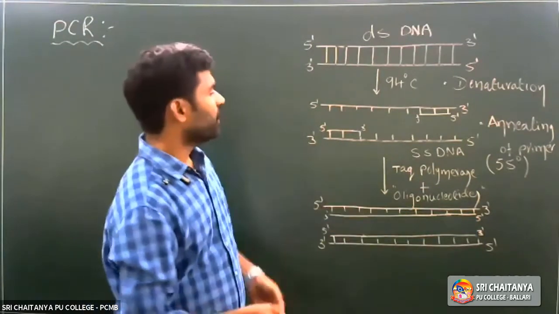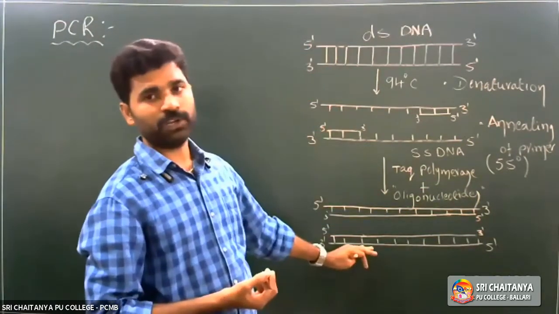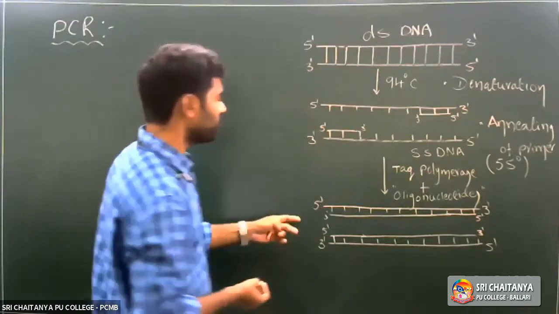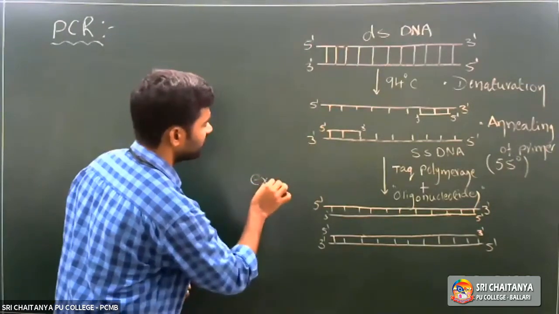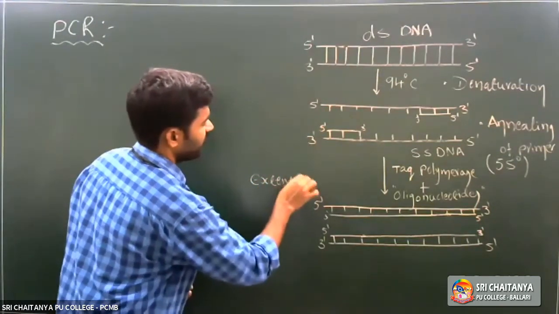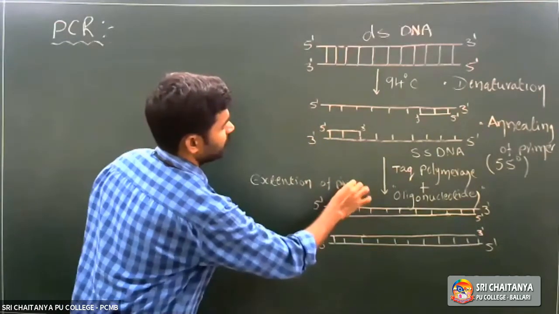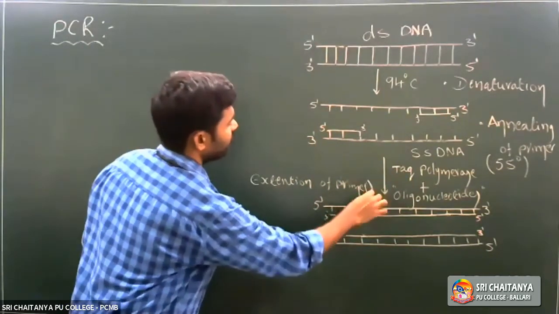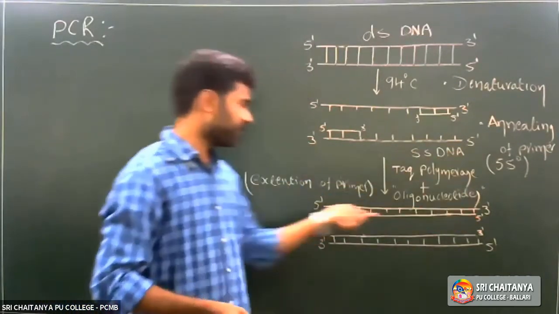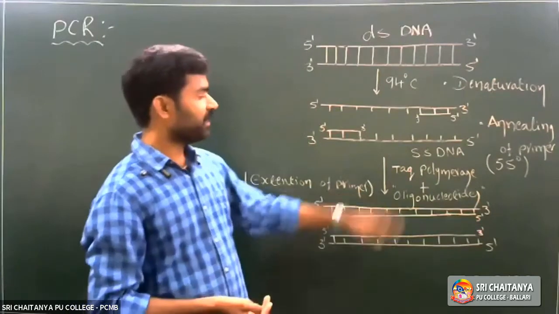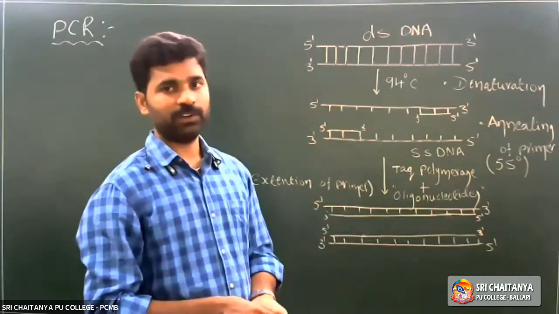Right. After completion of the third step, it results in the formation of two DNA molecules. So what is the third step? Extension of primers. In the third step, the primers are extended in 5 prime to 3 prime direction by the Taq polymerase enzyme and oligonucleotides.